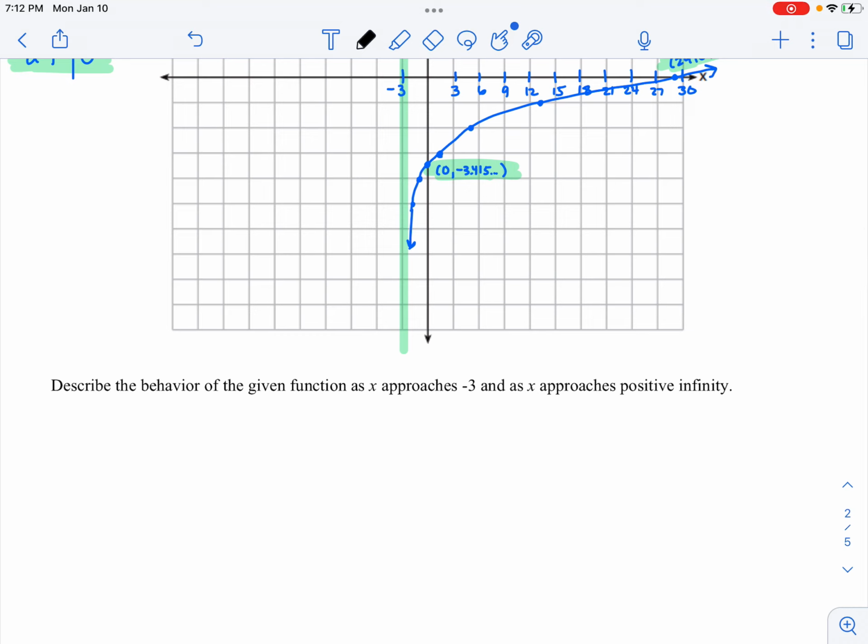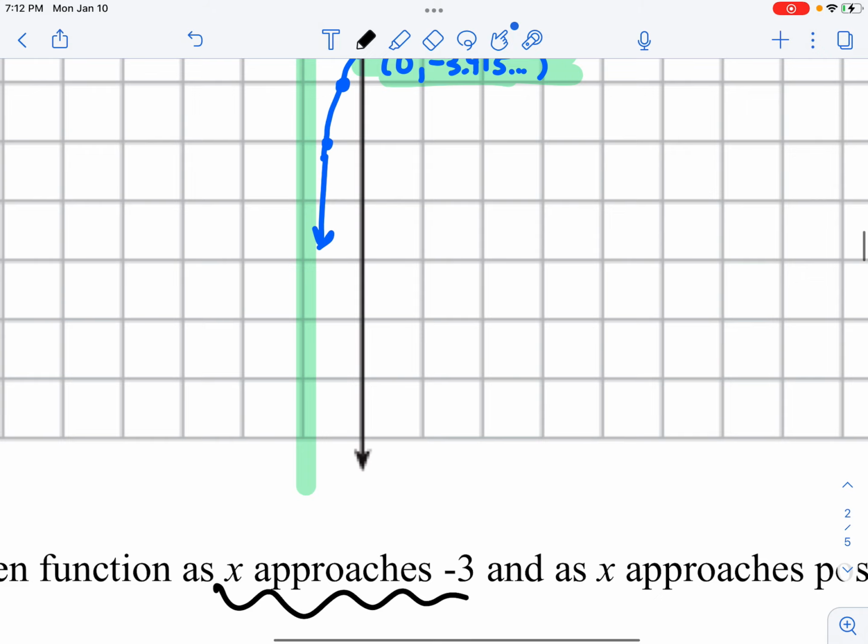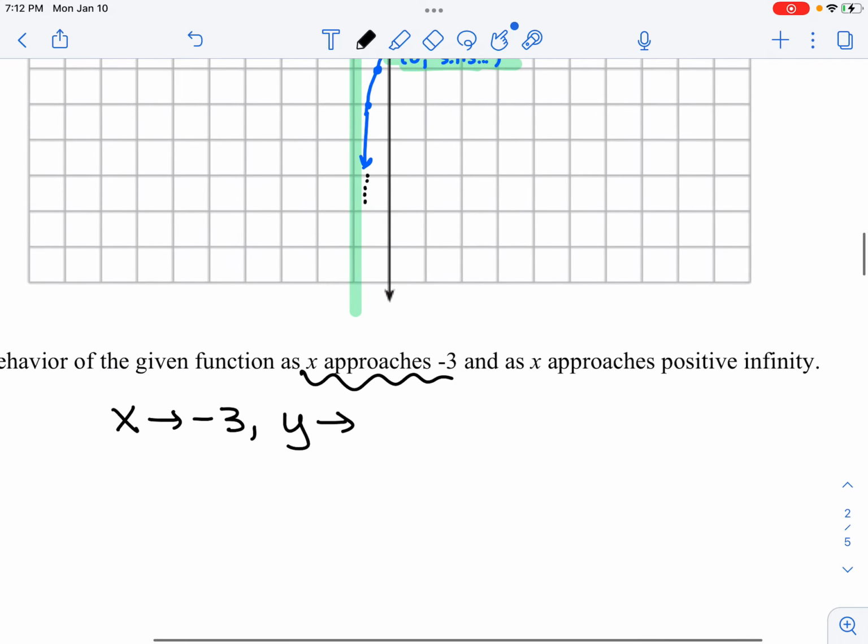The last part is really just asking you to describe that end behavior. So as x approaches -3, that's usually how we write it. The behavior, what's the end doing? As x goes towards this asymptote, where is y going? It's going down to -infinity.